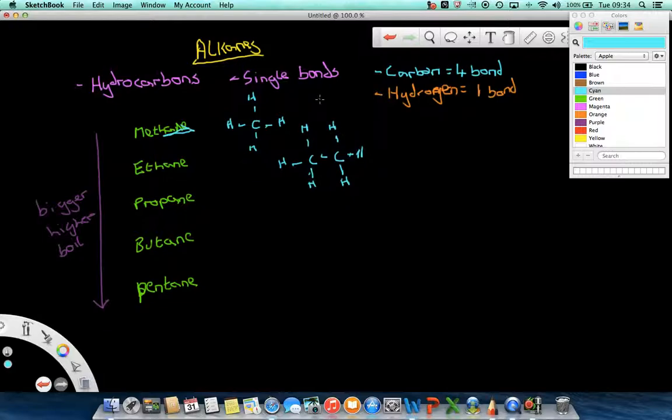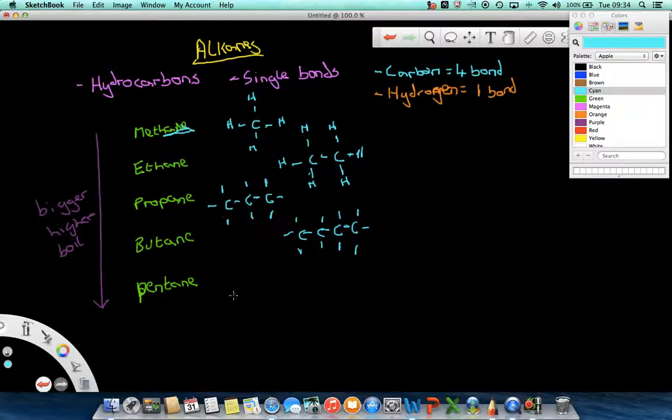Okay? I'm running out of space, but propane would have 3, each with a hydrogen on. Remember, carbon can only have 4 bonds, hydrogen can only have 1. Butane would have 4, each with hydrogens on. So this one would only have 2 hydrogens because it's already got 2 bonds between the carbons next to it.